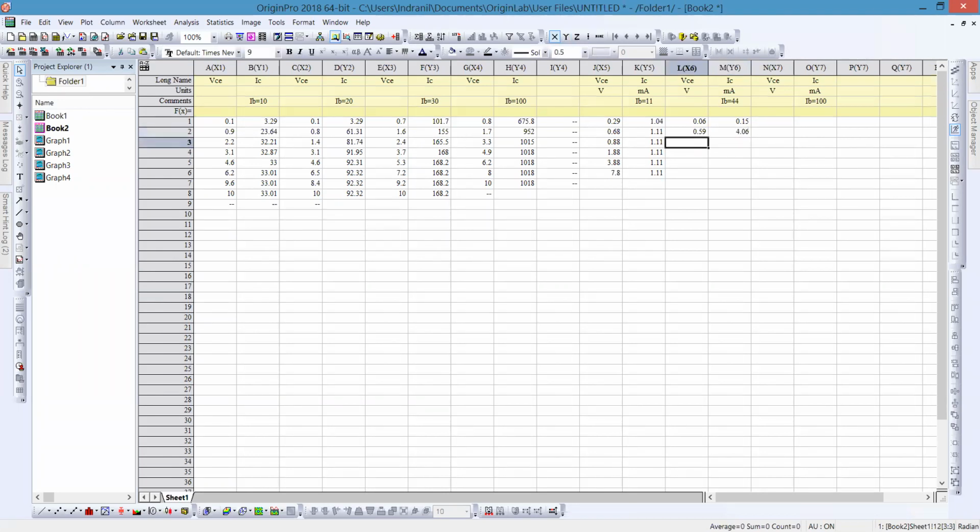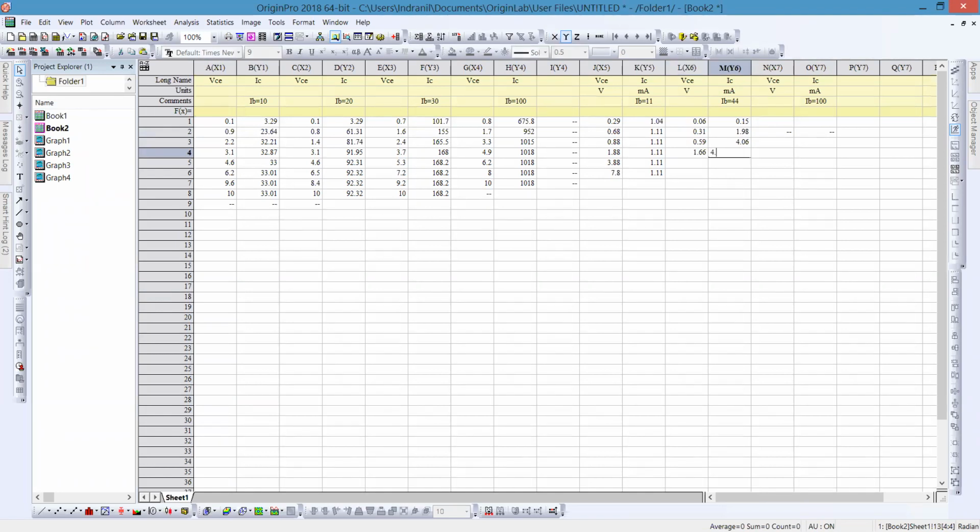Next value, 0.31, 1.98. Then 1.66. One second, please. 1.66.